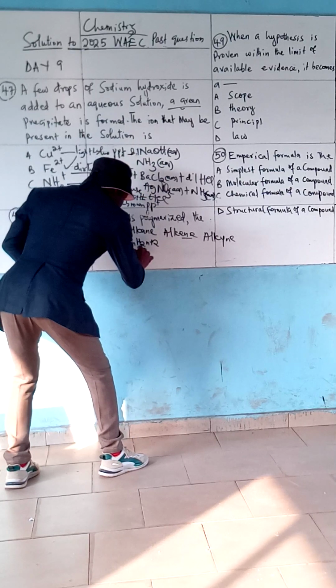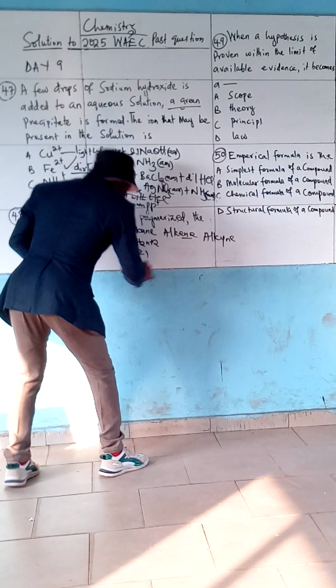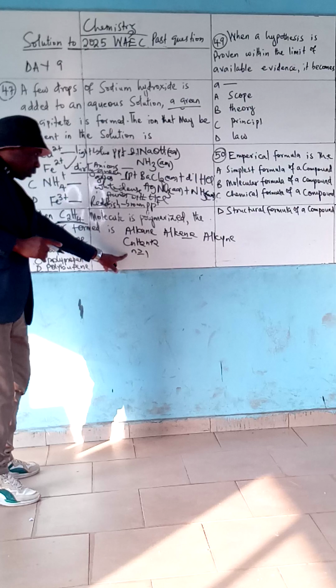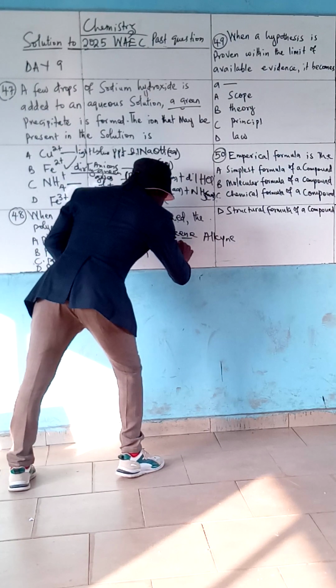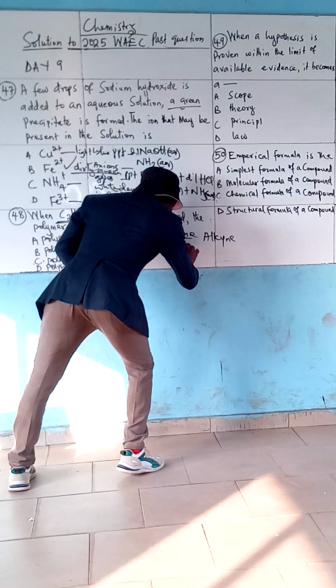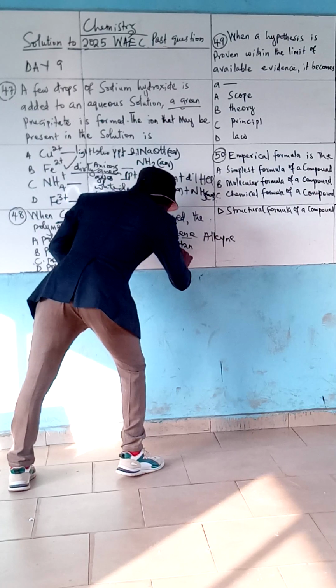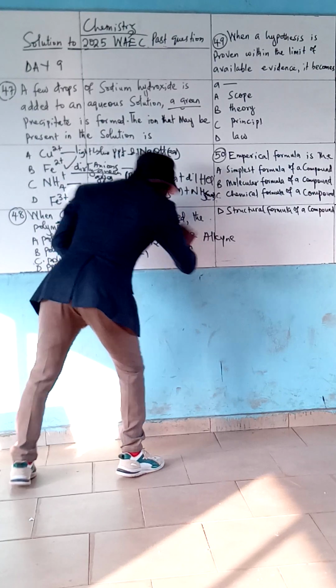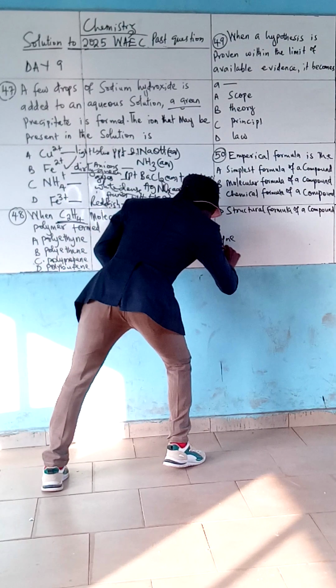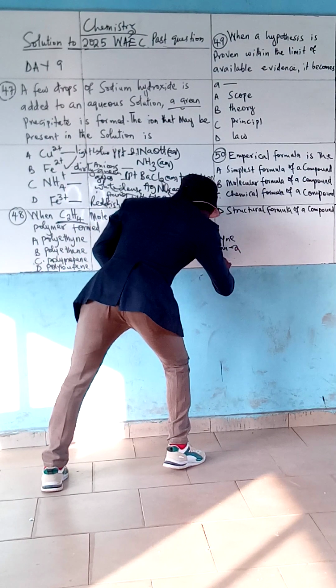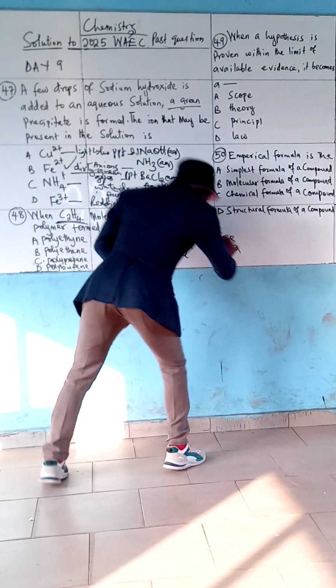And the first member starts when n is greater than or equal to what? 1. So the first member starts with 1. The general formula of alkene is CnH2n, which stands when n is greater than or equal to 2. And the general formula of alkyne is CnH2n minus 2, which stands when n is greater than or equal to 2.